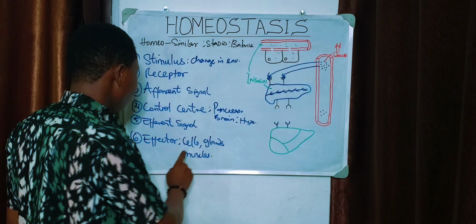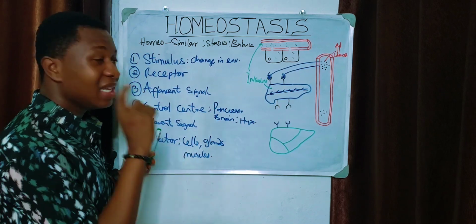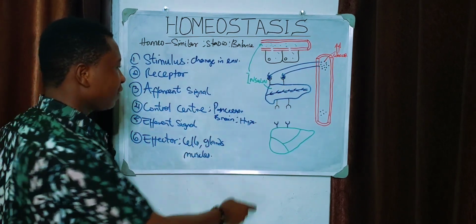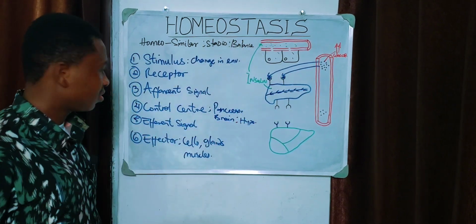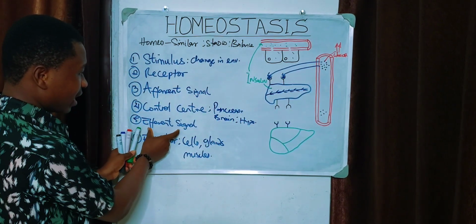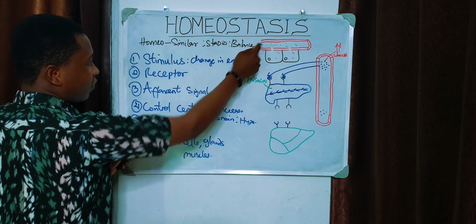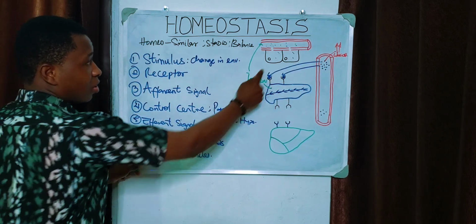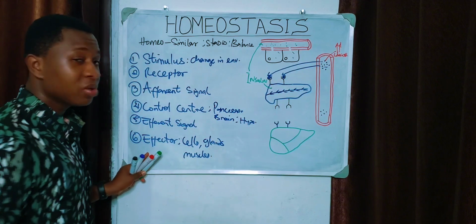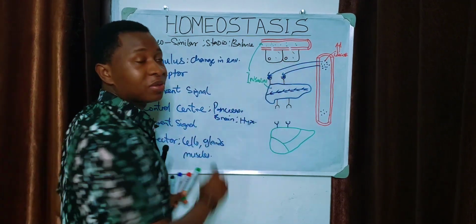So the efferent signal is the signal sent from the control center to the effectors. I said the effectors could be cells, glands, or muscles. So these are cells.